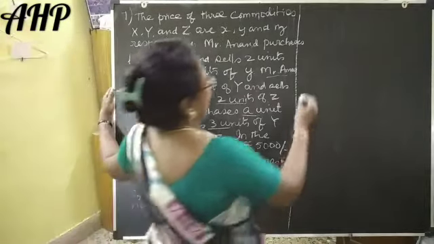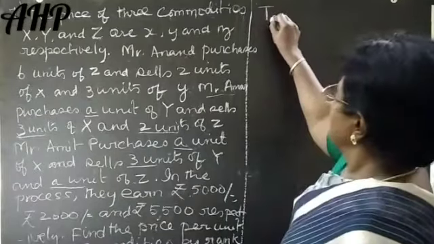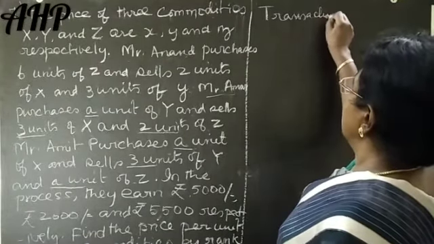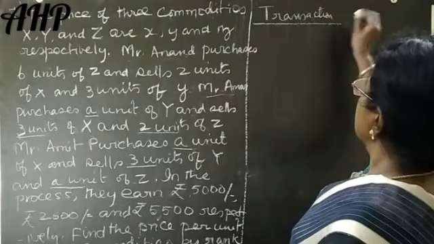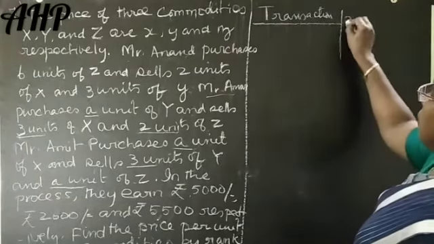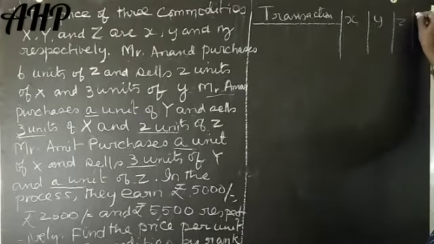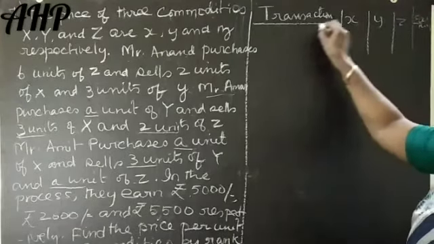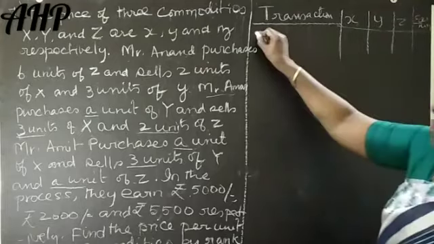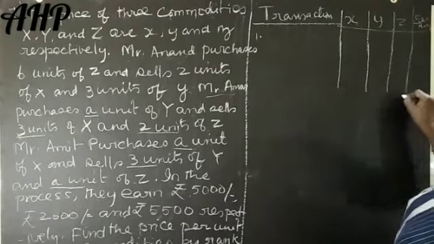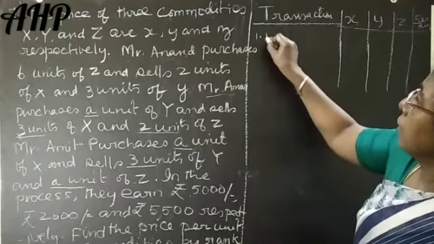So now the transaction is there. This transaction is X, Y, Z and totally what is the earning. So the first transaction is of Mr. Anand.